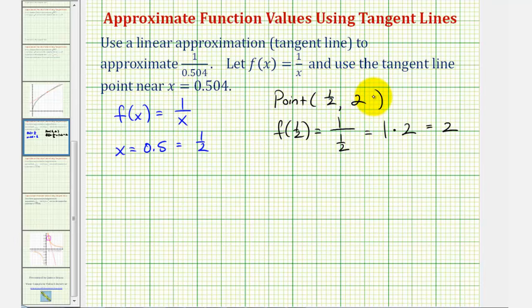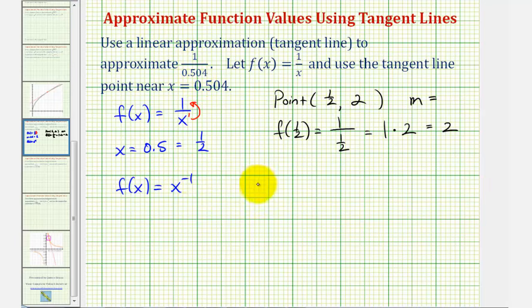And now we'll find the slope of the tangent line at x equals 1/2 by finding the derivative function and evaluating the derivative function at x equals 1/2. So let's rewrite function f as f of x equals, this is 1 divided by x to the first, so if we move this up, it would be x to the power of -1.